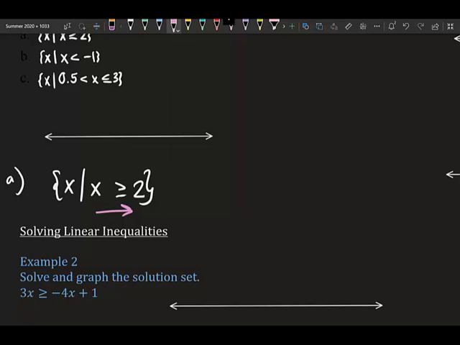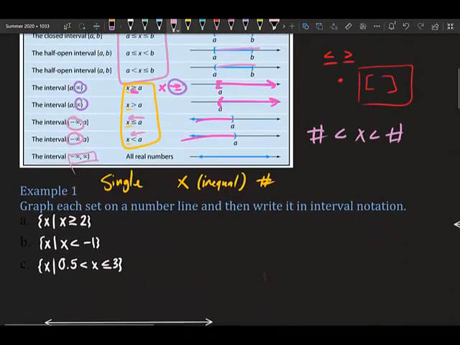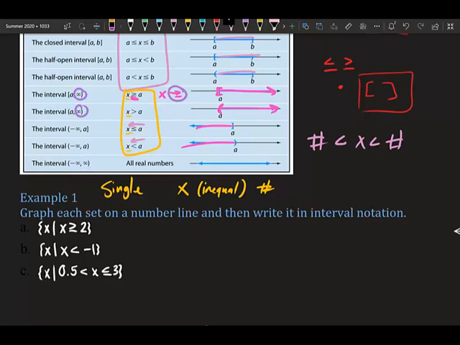Since it's going to the right, that means our infinity symbol is going to be on the right. Infinity is always a parenthesis. Did you notice that? See how it's always a parenthesis? Why? Because can you fit infinity inside of a box? Nope. I can put 5 things in a box, but I can't put infinity in a box, meaning I can't include it.